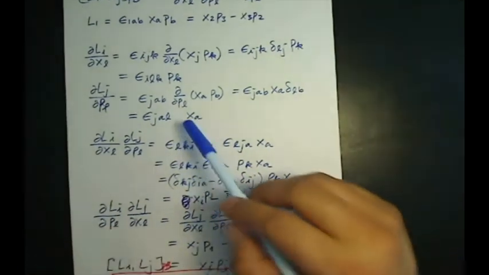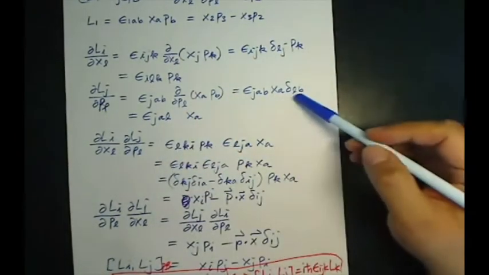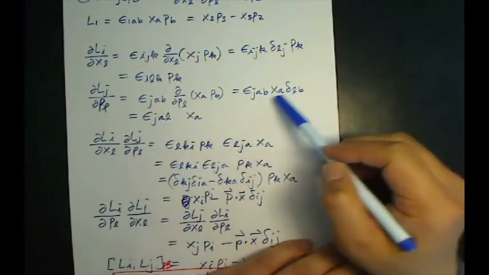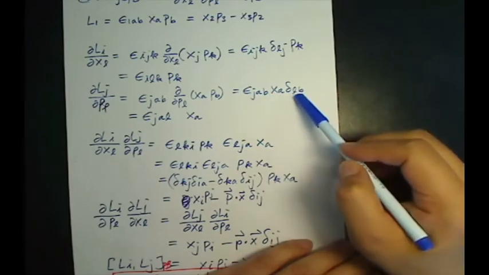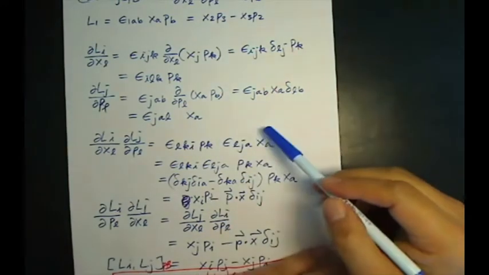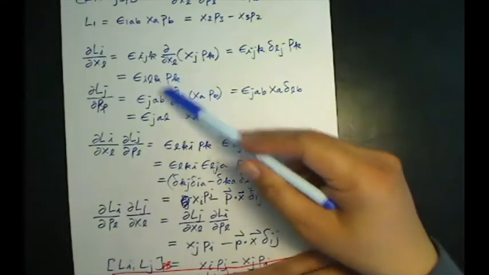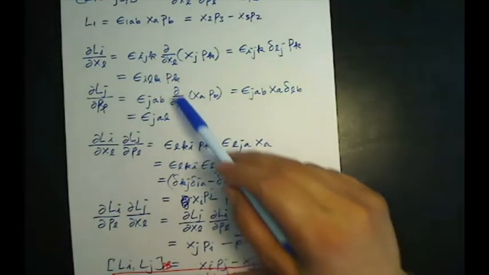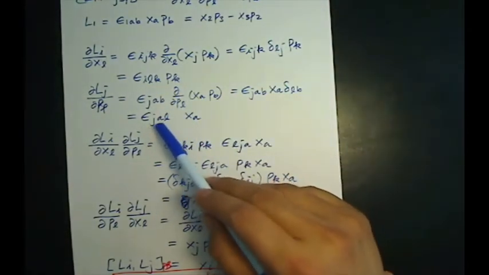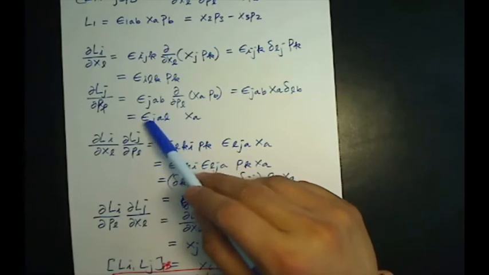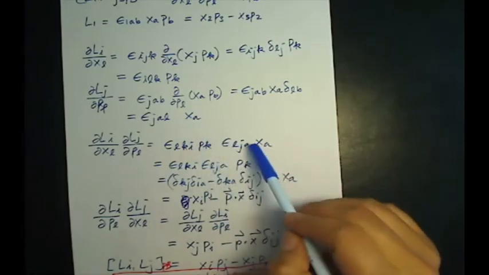Okay, so now P has been removed, replaced with the delta LB, and B is replaced with L, to find epsilon JAL XA. The product of this is epsilon LKI PK, epsilon L, push this L forward twice, then we do not have a change in sign, LJA, XA.